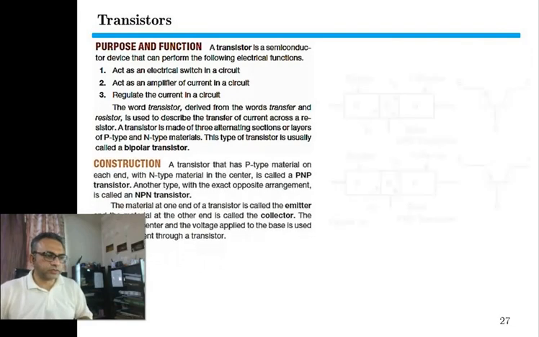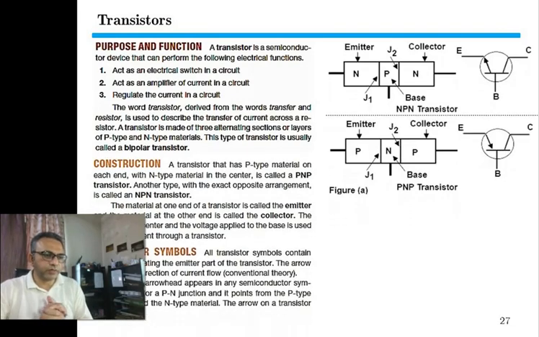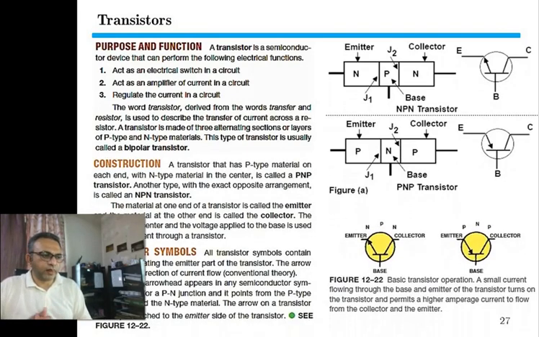Yes, so this is the transistor part of our lecture. The transistor is a semiconductor device that is, first of all, controllable. It is not like our normal diode. Normal diodes are not controllable.